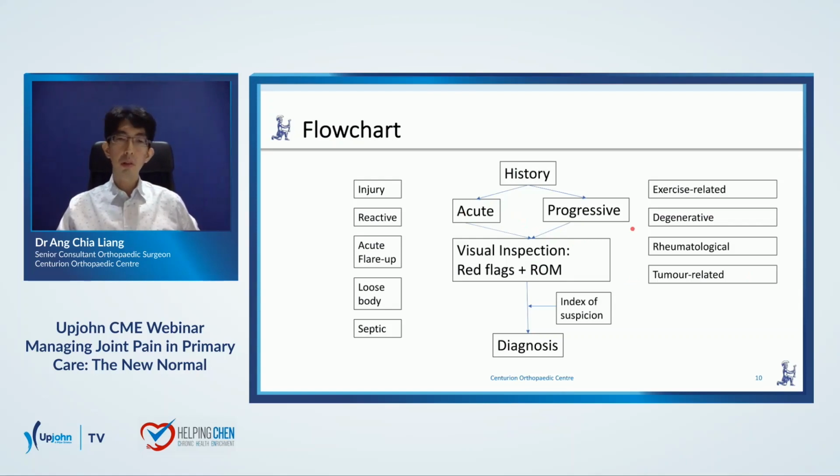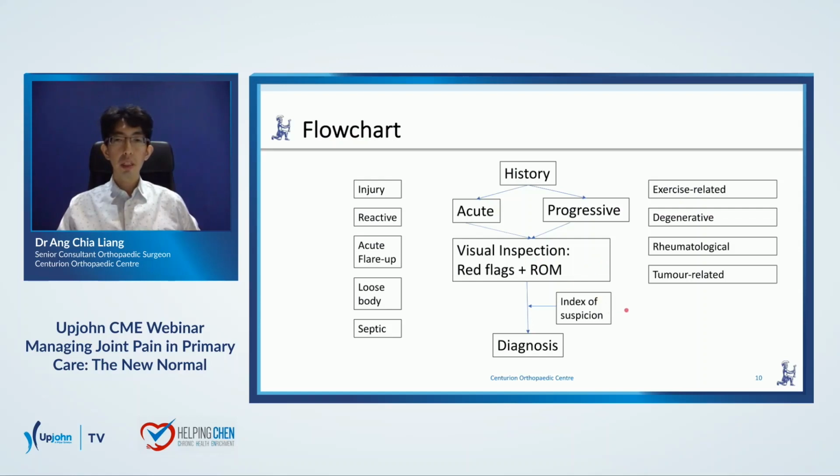After you group it into acute or progressive, the next thing you do is visual inspection. What we want to look for are red flags and range of motion of the joint. In this case, mostly we're talking about the knee, but certainly you can apply this to the ankle, the shoulder, the elbow.